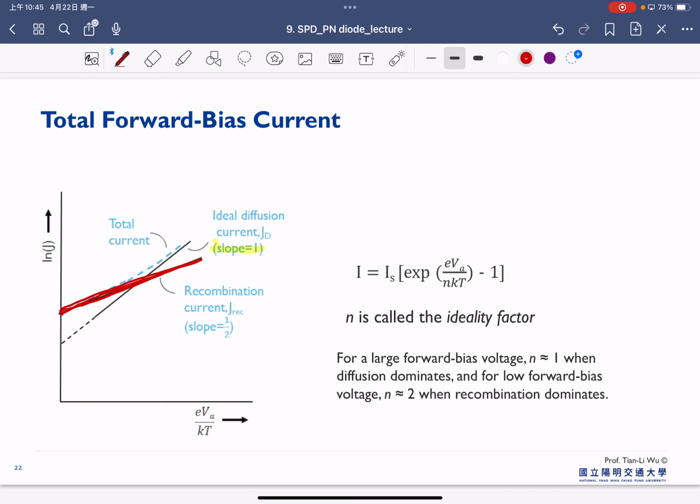Therefore, the total current becomes this. So that's the total current. And in this case, with the recombination, in the low voltage part you will see some additional current. That's due to the recombination. This is recombination under low injection.